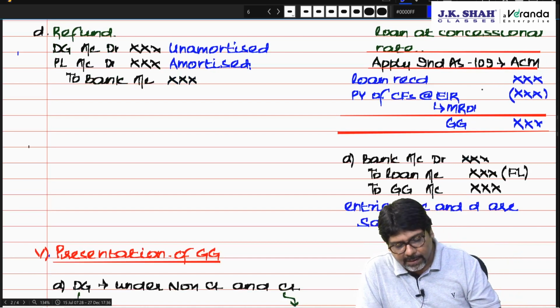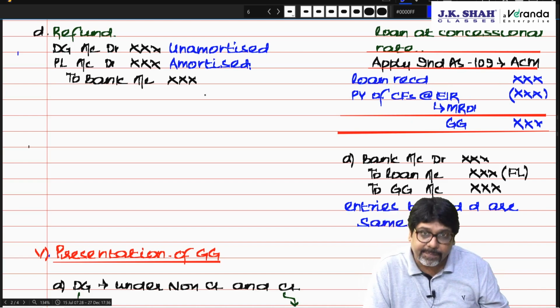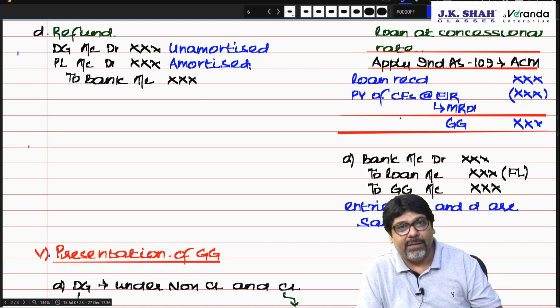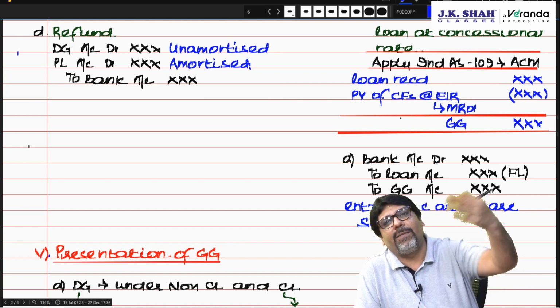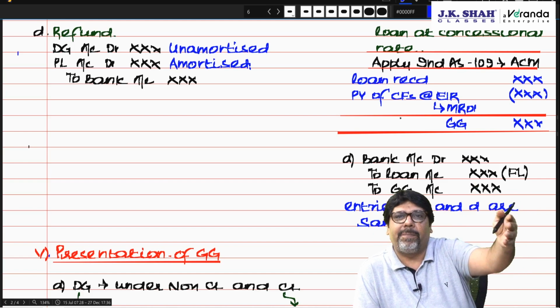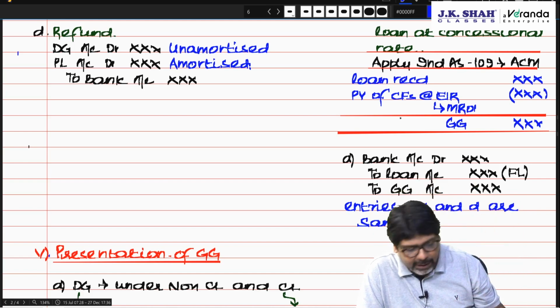Loan received less present value of cash flows at EIR, effective interest rate, that is market rate of interest. That means present value of whatever installments you are giving, including interest. If those same installments you paid, but the interest was market rate of interest, then you would have got a lower loan only.